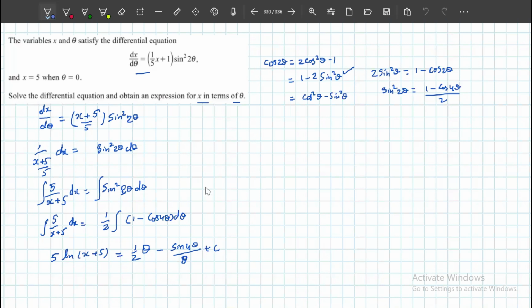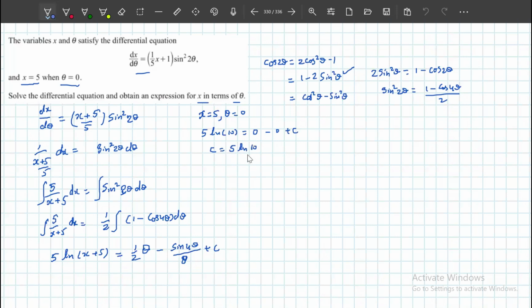So now we will find the constant of integration c by applying the values x is equal to 5 and theta is equal to 0. This becomes 5 log of (5 plus 5), which is 10, and as theta is 0, this becomes 0, and sine 0 is 0 as well, so it means c is equal to 5 log 10.